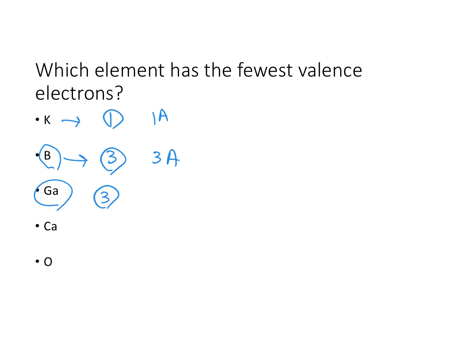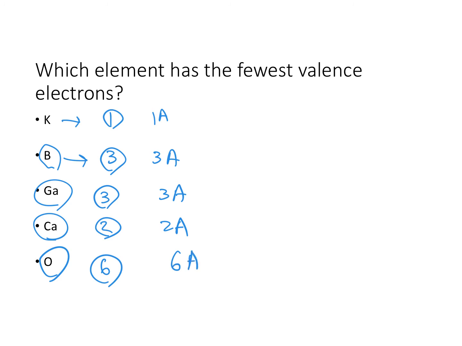Exactly. What about calcium? What about oxygen? So which number is lowest? Exactly. You are also welcome to write the electron configuration and see that, but for the sake of time, I'll just progress with the lecture, so I have enough time for everything we want to do in the class.